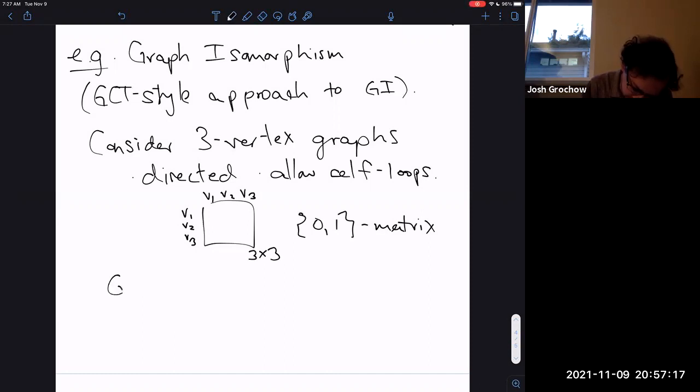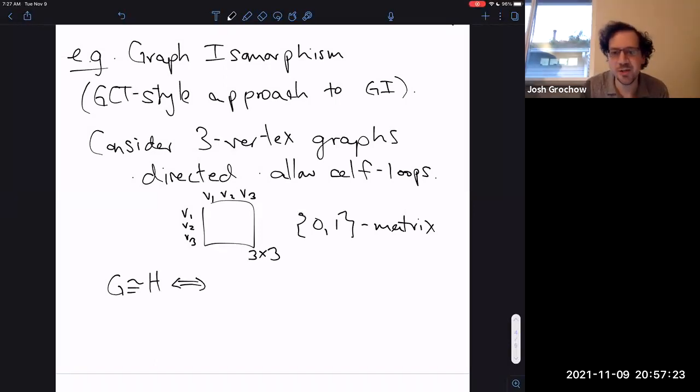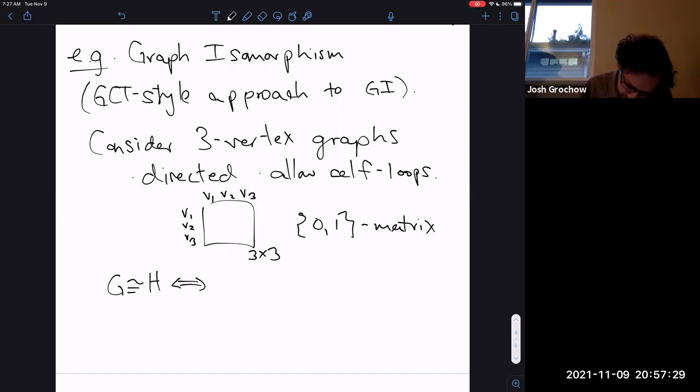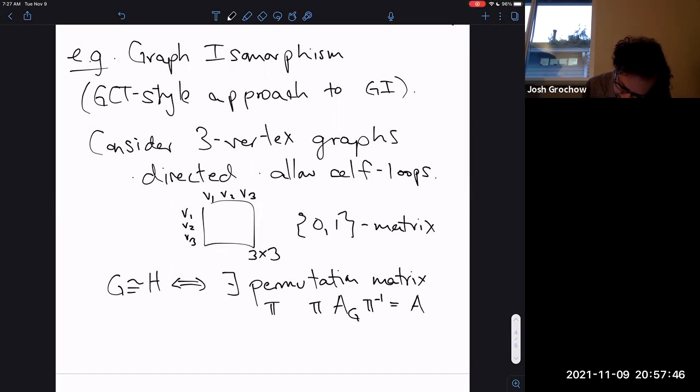Two graphs, G isomorphic to H. And now I guess if you're following along, I think this was an exercise from a previous lecture. So if you haven't done that yet, you should go do that. So if and only if there exists a permutation matrix, say pi, such that when I conjugate the adjacency matrix of G by pi, I get the adjacency matrix of H.